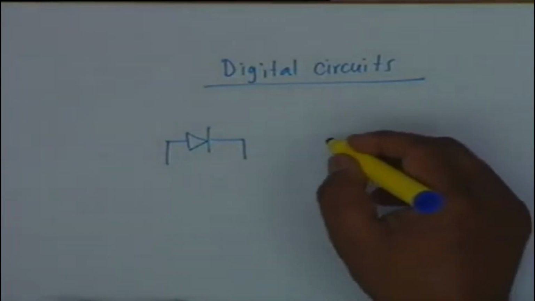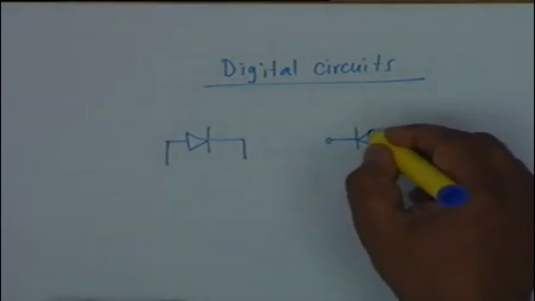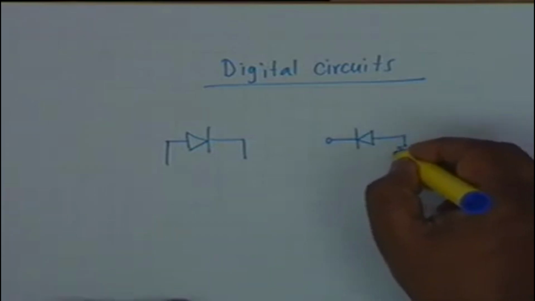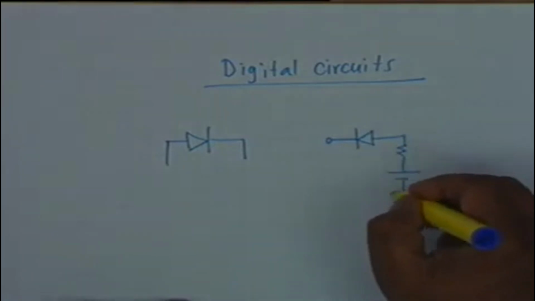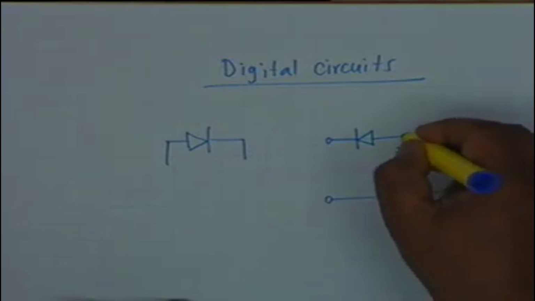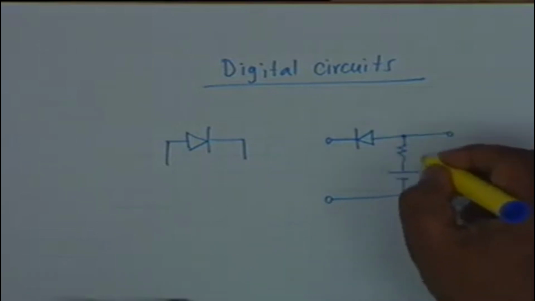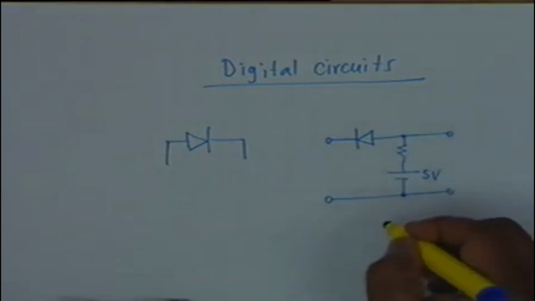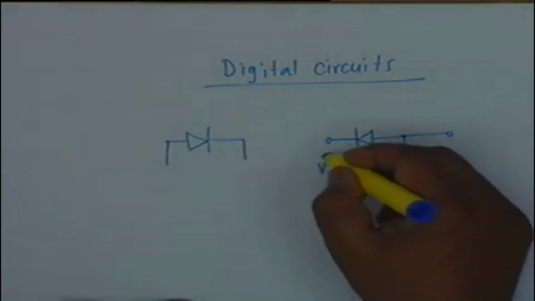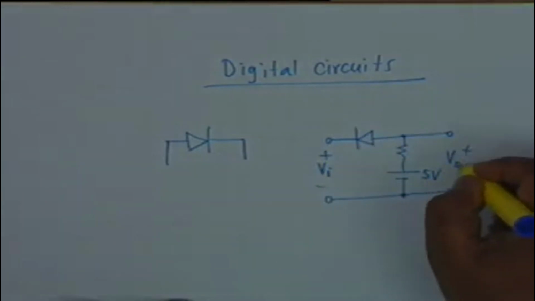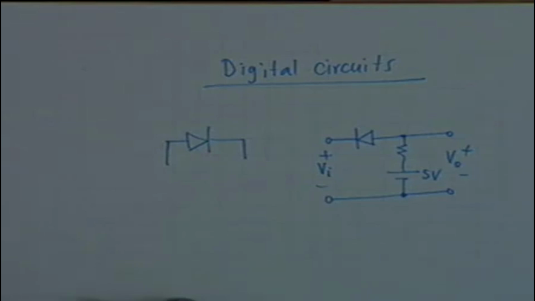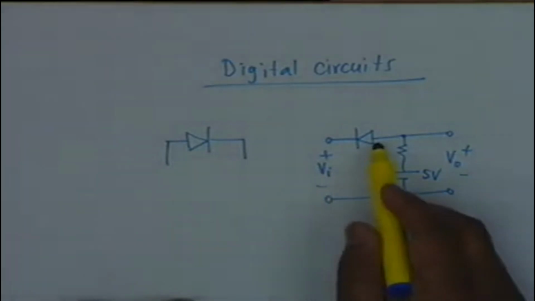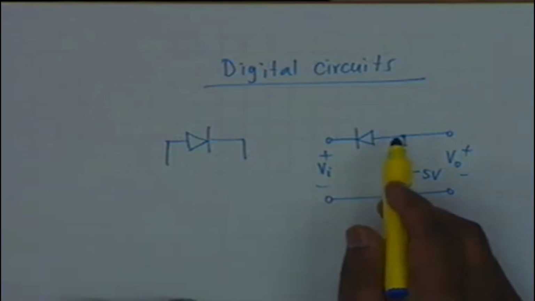And if you consider a circuit like this, let us consider a circuit like this. This is 5 volt. This is input Vi and this is V0. If Vi is lower than 5 volt, then the diode conducts.